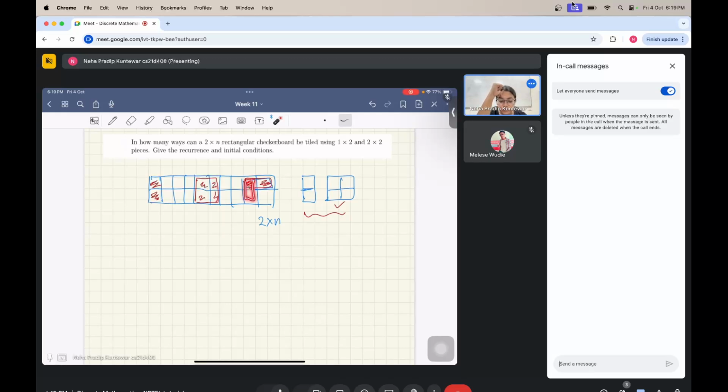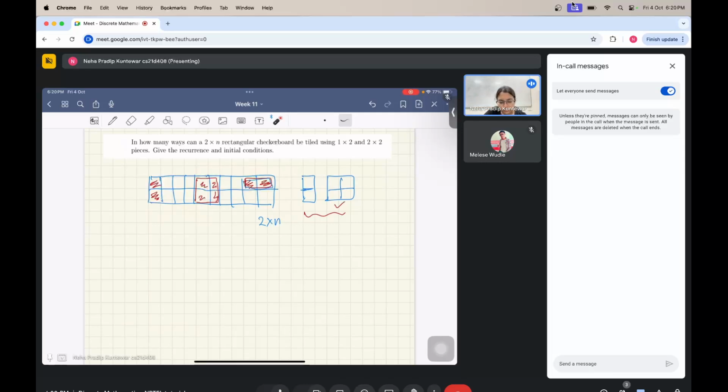You can't have this rectangle and this rectangle like this, because that would violate the property. But you can have 2 rectangles like this, that is allowed. So that is the tiling problem. You have supplies of such tiles and you want to cover this area such that every square is covered and no square is covered by 2 tiles. So you want to write a recurrence relation for this.